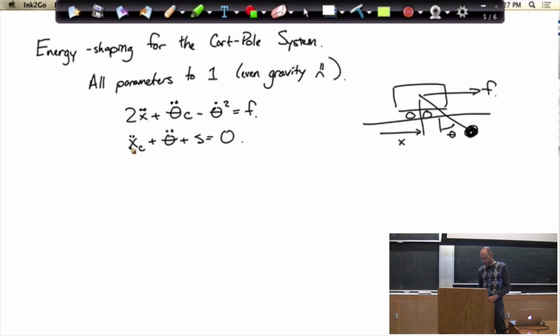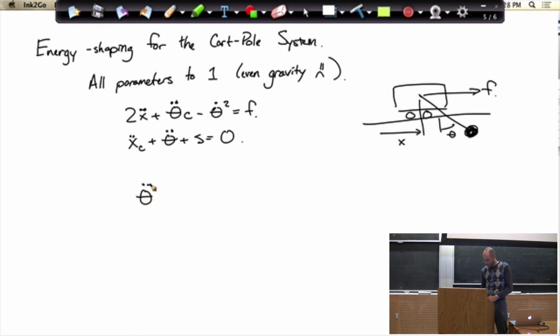Every dynamic equation is a constraint, but let's think about this as having one equation that we can control actively, and then a constraint that relates the motion of the pendulum with the motion of the cart. And why is it useful to think about that? If I want to just think about the motion of, let's say, the cart, I can do that by solving away the second equation.